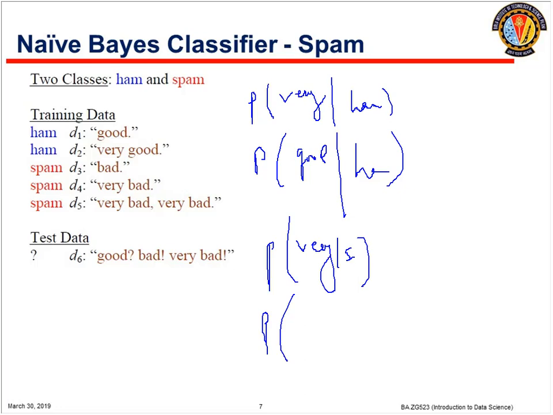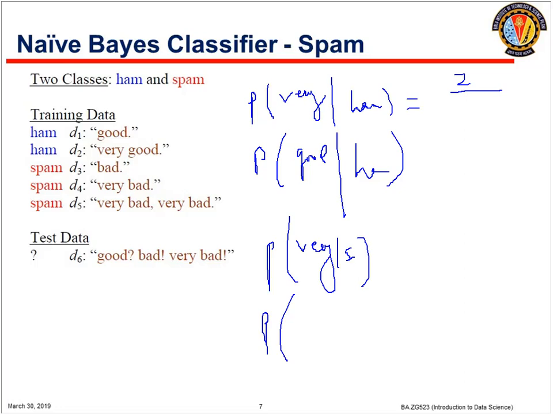So what is the probability of very being present, given that the document is of type ham? So very is present once, right? So 1 plus 1, we are doing Laplace, 1 is added. So 1 plus 1 is 2, so it is 2 by. The denominator remains the same as earlier. What was the denominator earlier?